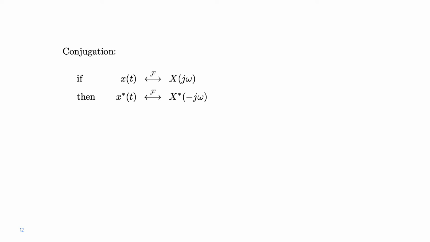Then its complex conjugate signal, x conjugate of t, x can in general be complex, so doing the conjugation of x means changing the sign of its imaginary part. Well, that signal has as a Fourier transform x conjugate of minus j omega. So conjugation in time corresponds to conjugation and inversion of the variable omega, right?